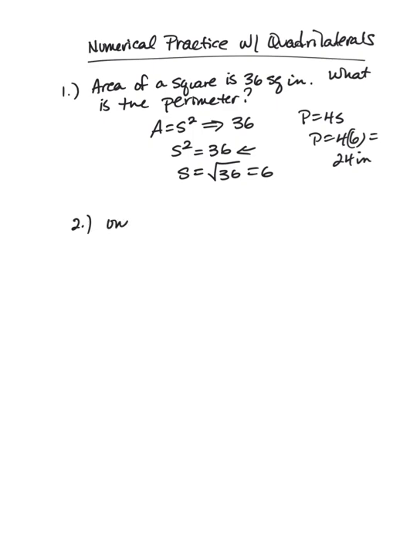Okay, one angle of a parallelogram is, we'll make it 65 degrees. Find the other 3 angles.